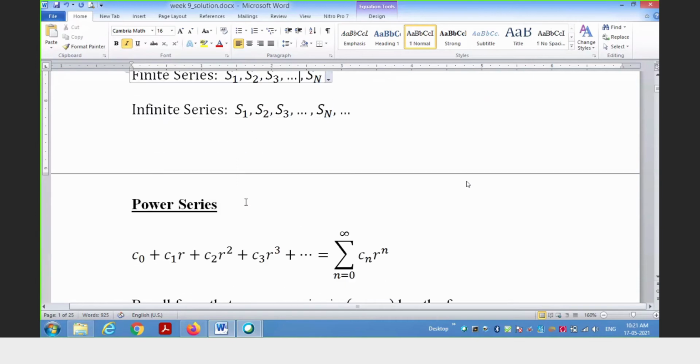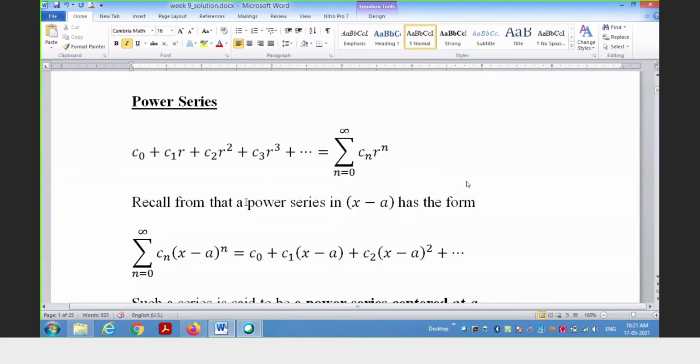So let's review what a power series is. C1 r, C2 r squared, C3 r cubed and so on is a geometric series, a special kind of power series, because in a power series all these terms involve the independent variable.